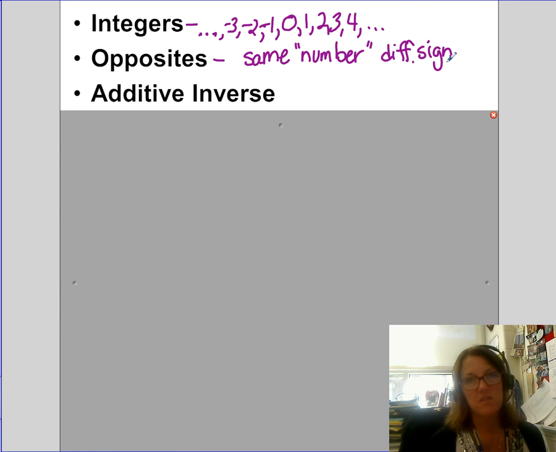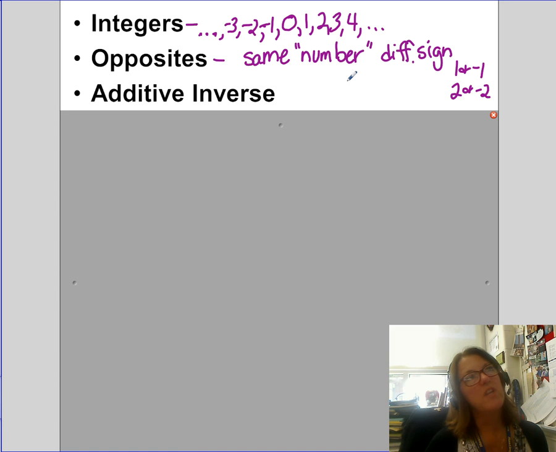So in other words, here again is sometimes a great way to illustrate it and say 1 and -1, they're opposites. 2 and -2 are opposites, and so on. -85, +85, they're opposites.